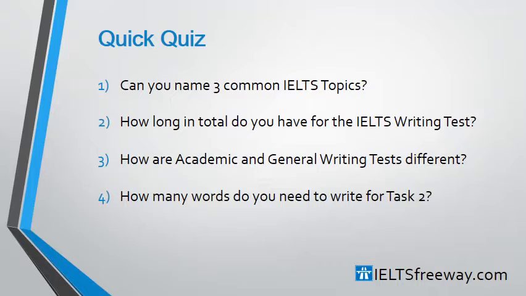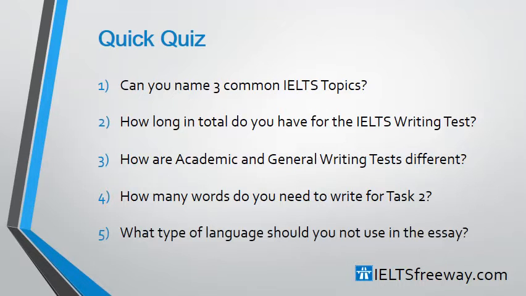Question 4. How many words do you need to write for task 2? Hopefully, you are aware that it's a minimum of 250. You must write at least 250 words. And finally, what type of language should you not use in the essay?